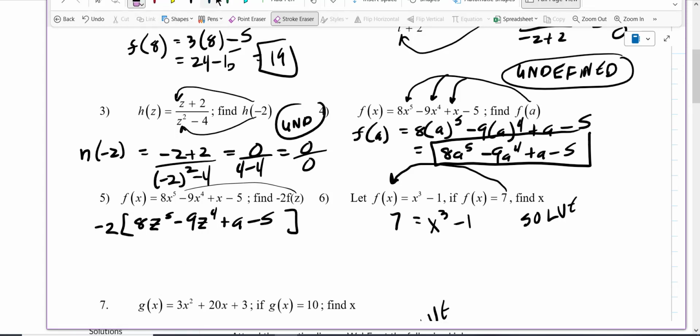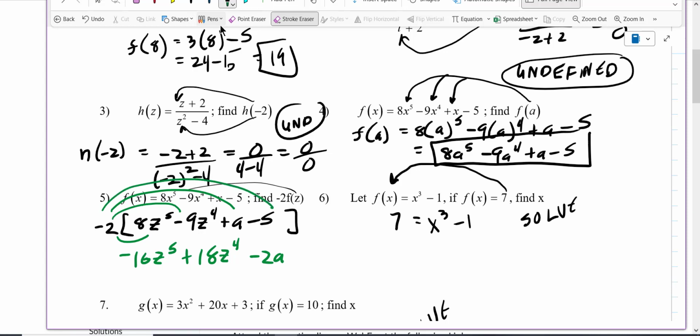I think what most of you did, and what you really ought to do, is just distribute to get -16 z to the 5th, and then plus 18 z to the 4th. Make sure your signs are okay. Then -2 times a is -2a, and then finally -2 times -5 is plus 10. So that's the answer that we'd be looking for on that. Okay, all right. Now don't let those number 4 and 5 bother you. All you're doing is changing the variable. That's it.